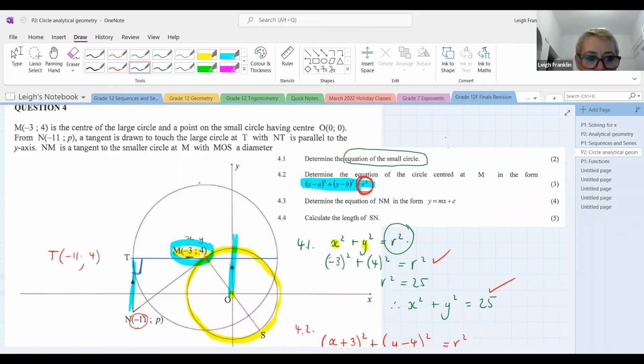So as far as T is concerned, it has to be in the same horizontal line as M. That's where he got it from.